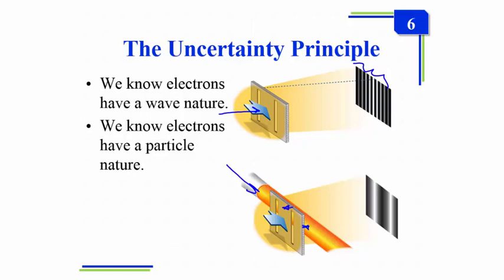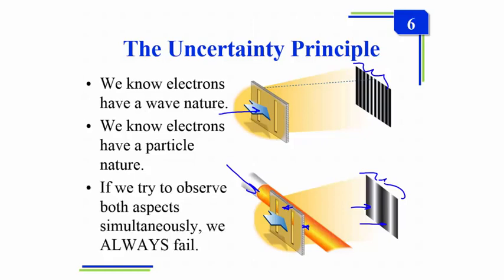But as soon as we see that flashing and see the nature of those electrons as particles, we no longer see that diffraction pattern. Instead, we just see it lighting up in the two places across from the slits. So we only see that particle nature at that point. If we try to observe both aspects, the wave nature and the particle nature, simultaneously, we always fail.